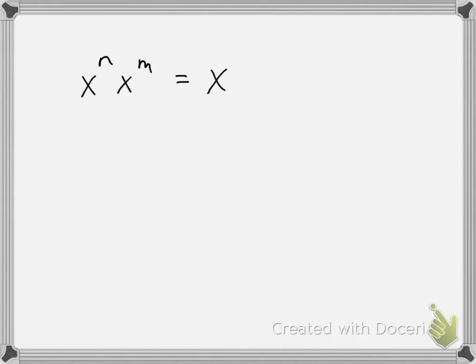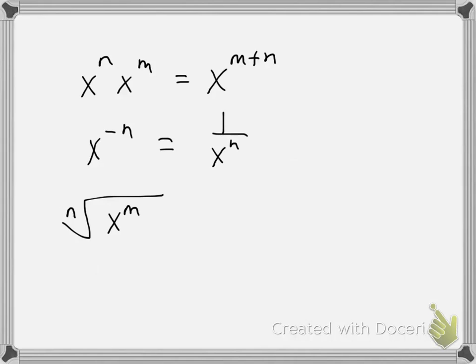That's going to be x to the m plus n, or n plus m, doesn't matter. If we have x to the negative n, that's going to be 1 over x to the n. And if we have x to the m, but in a radical of root n, then we get x to the m divided by n as our power.